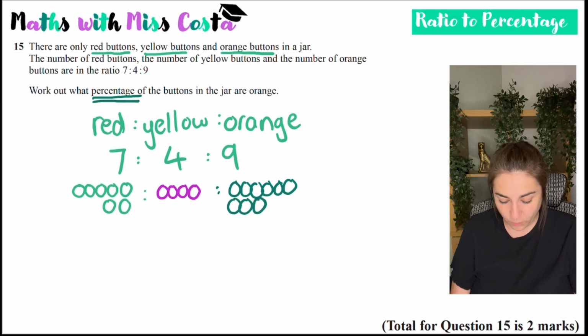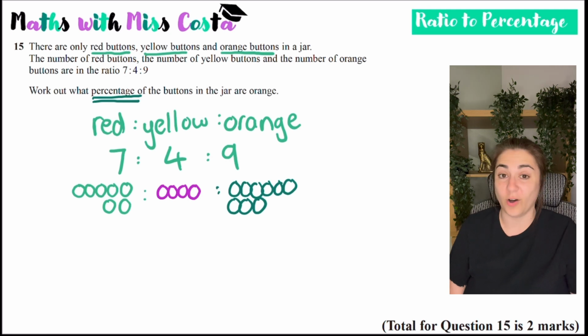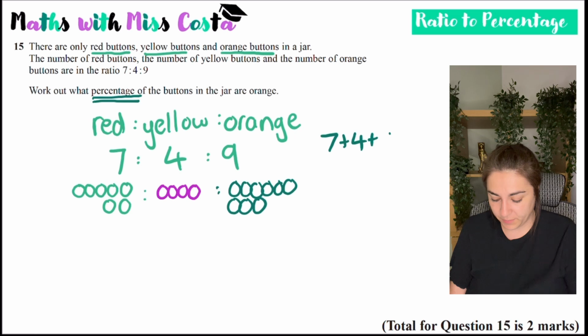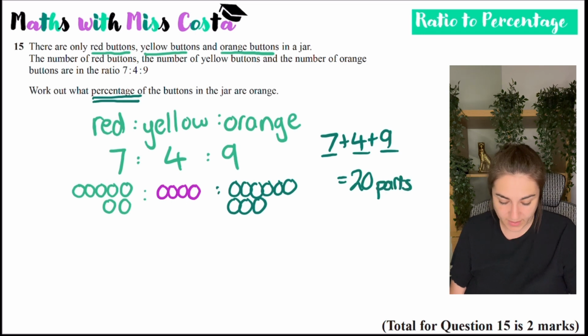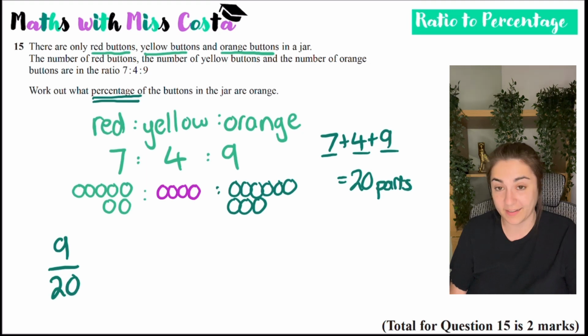Now I need to work out what percentage of the buttons in the jar are orange. So how many parts do I have in total? 7 plus 4 plus 9, or 7 plus 9 is 16, plus 4 is 20. So there's 20 parts in total. And the orange, there's 9 out of 20 parts that are orange.